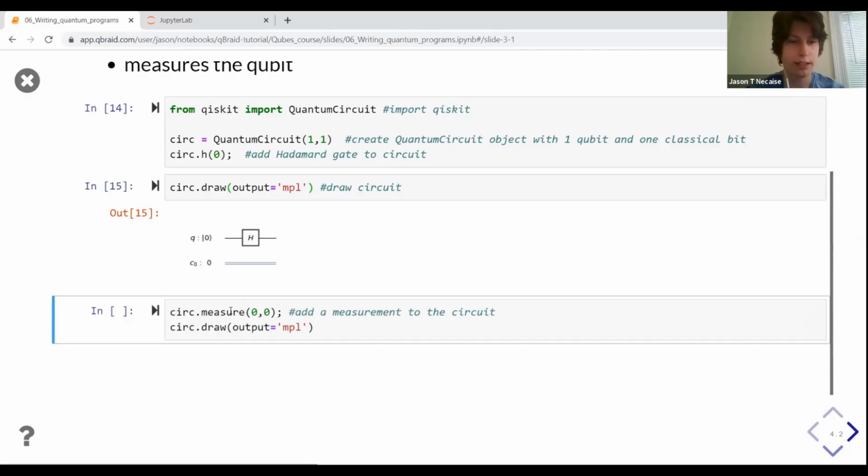Just like applying the Hadamard gate to my circuit, I need to tell it to add the measurement object to the circuit. And here, like Lorraine mentioned, the second number is the number of outputs. When I say classical bits act to record any possible measurement, that's what I mean.